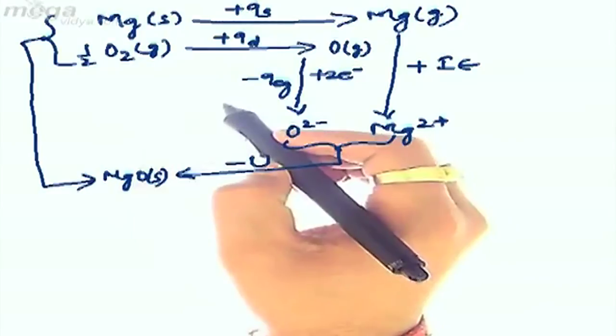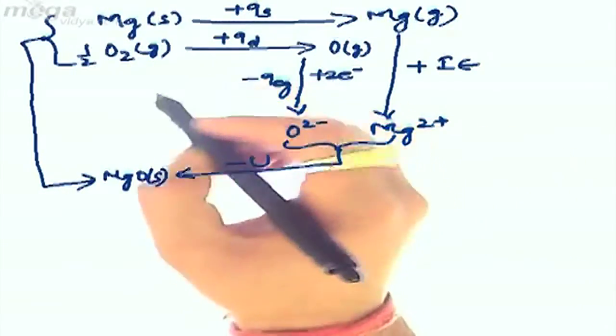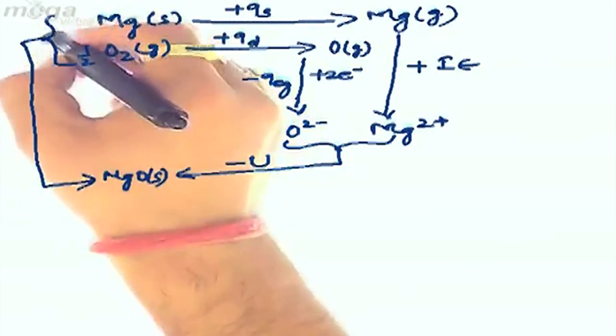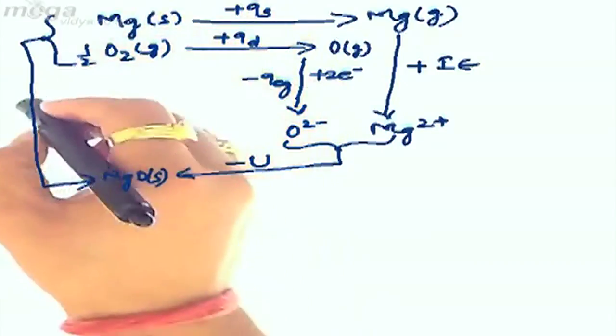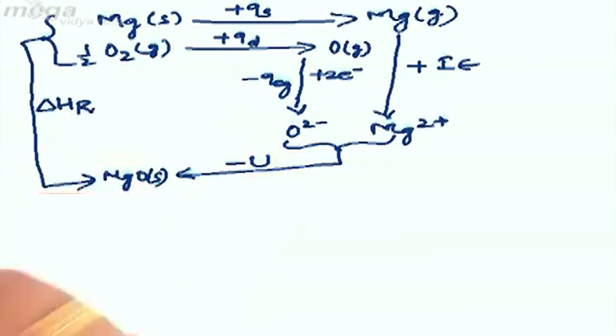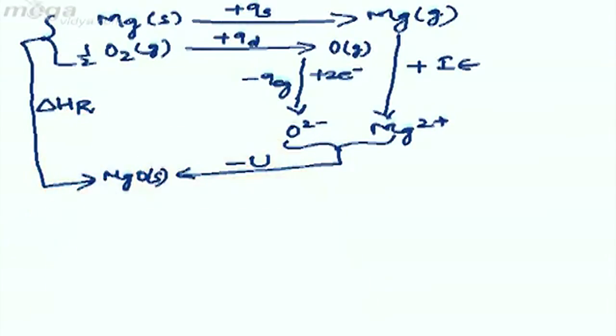The cyclic form representation of a process is called the Born-Haber cycle, and it has to be utilized in the calculation of lattice energy. When we represent the overall reaction in one step, some energy is involved, which we call delta HR, that is, the heat energy involved in the overall process of the reaction.